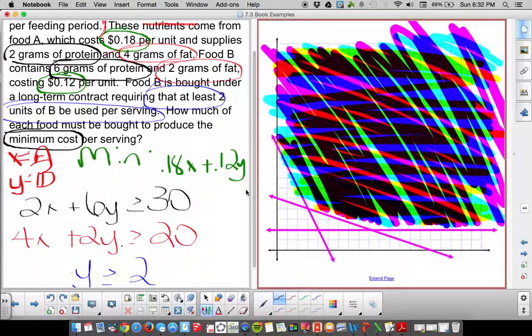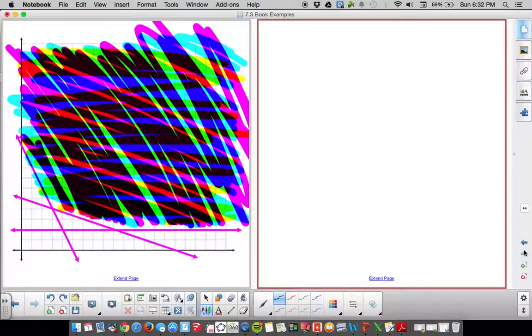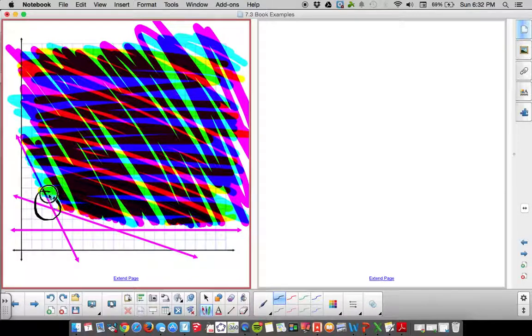To do that, I need to solve some systems of linear equations. So I need to find the intersection here, and here, and here.